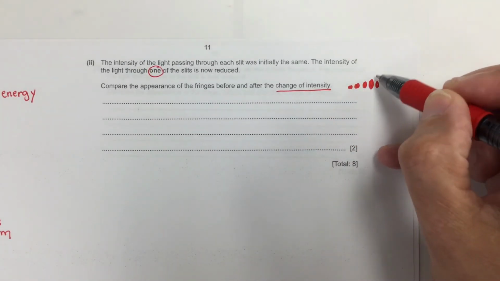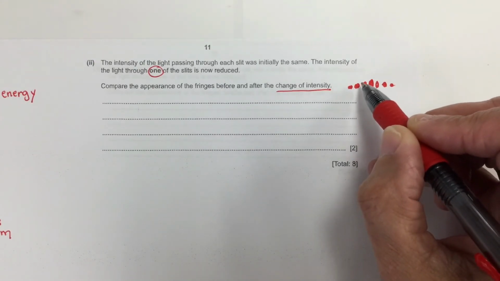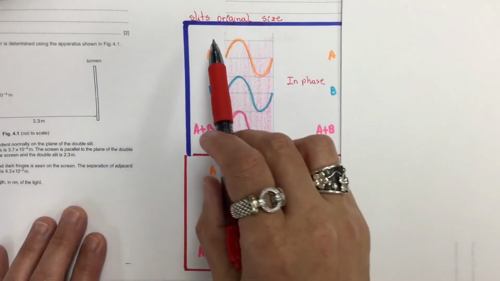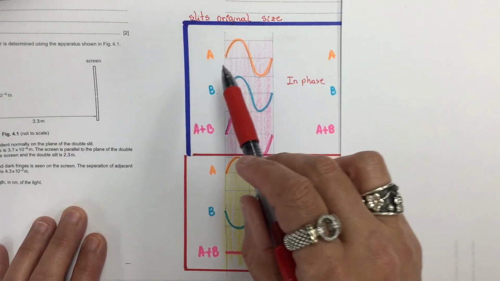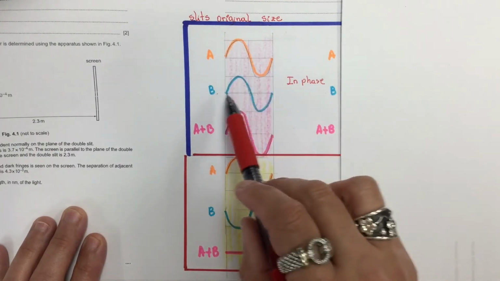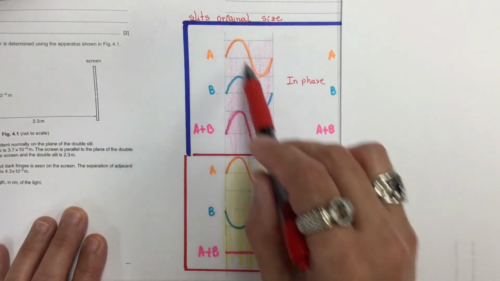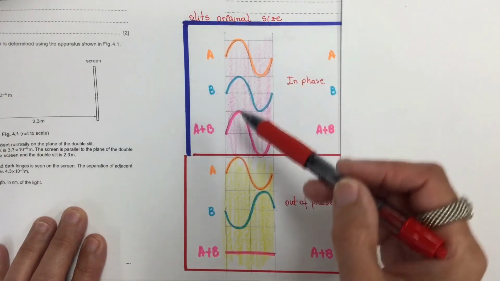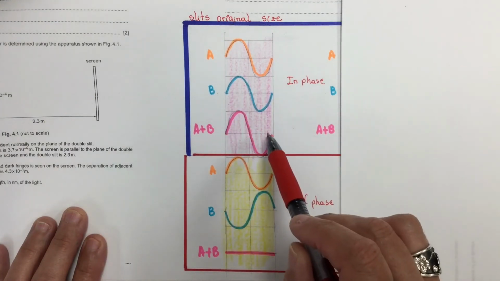So we have a brighter one in the center, and then between, we have dark. With both slits at the original size, wave A and wave B being coherent and having the same wavelength and frequency, the interference between both will be a complete constructive interference.